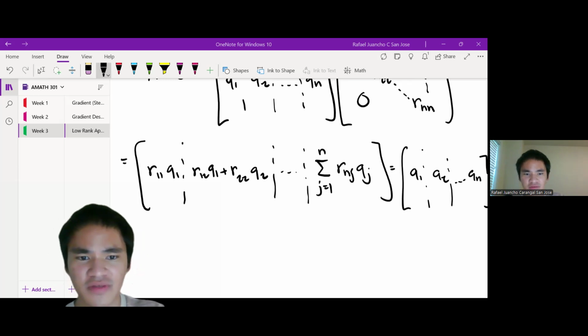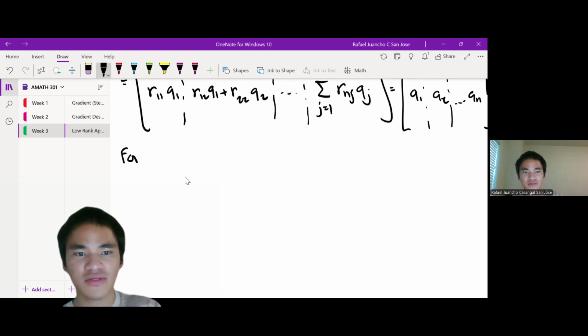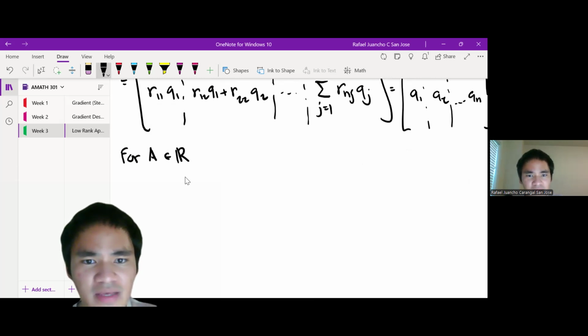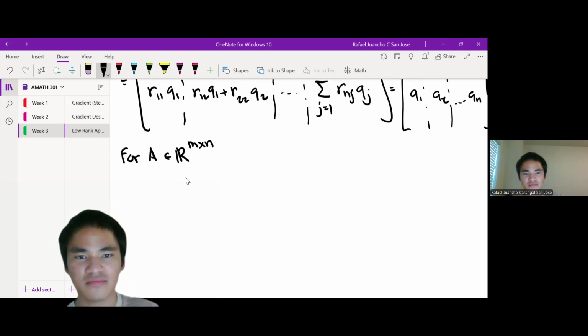Okay. Let's try one more of these. So let's say A is an element of the real numbers, and its dimensions are, let's be a bit more general, m by n.